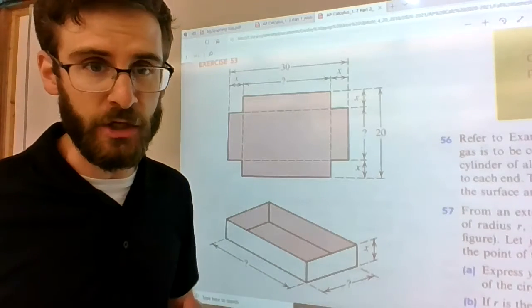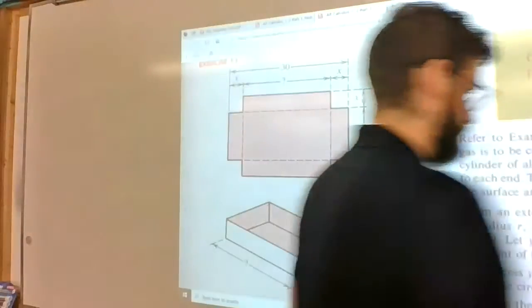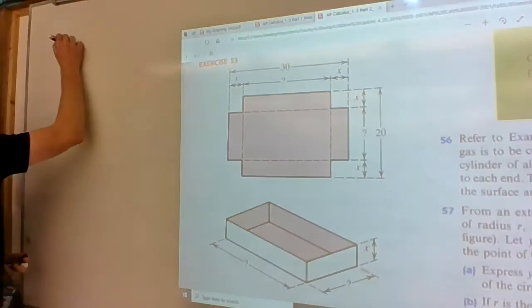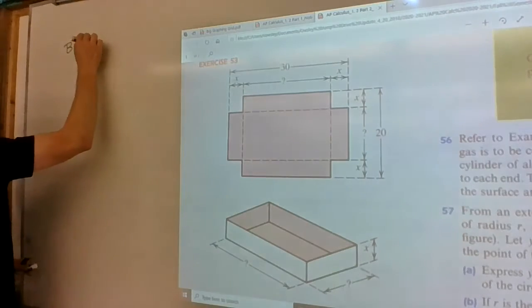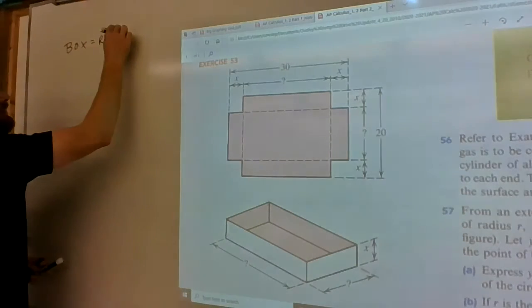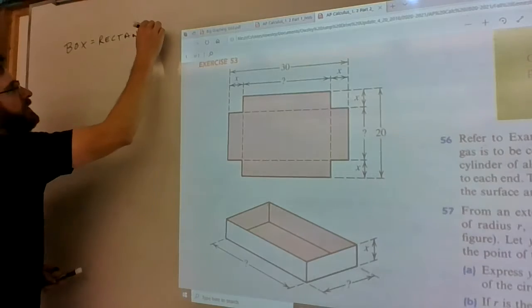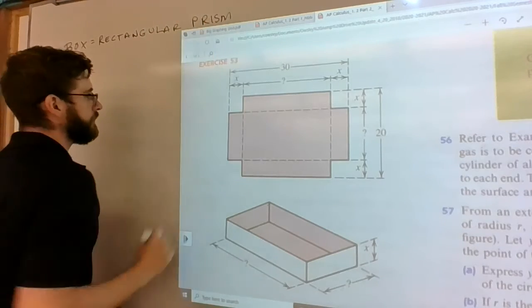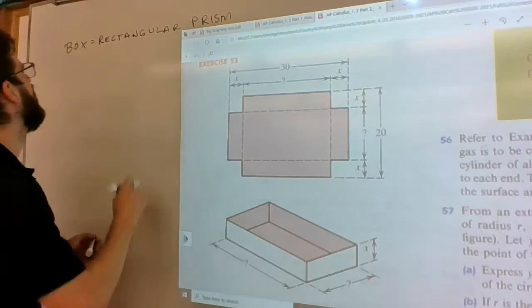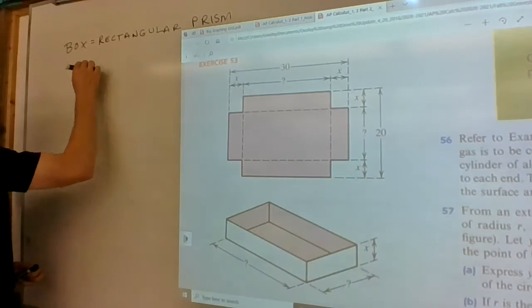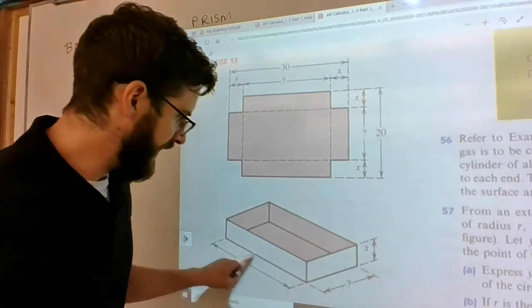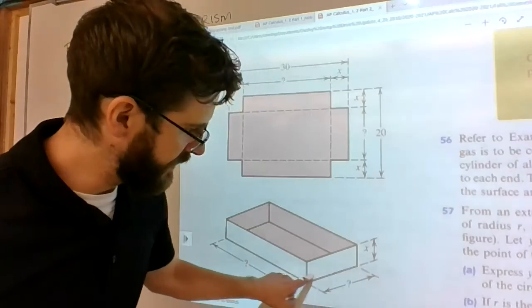It's a rectangular prism. So box equals rectangular prism. What's the volume of this? Length times width times height.